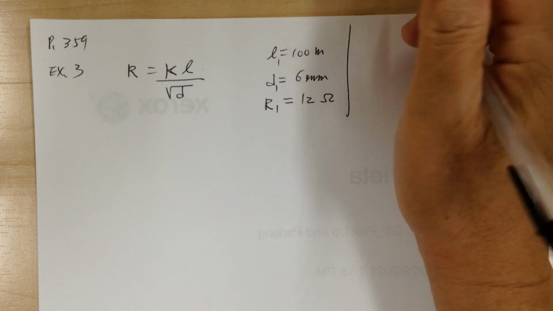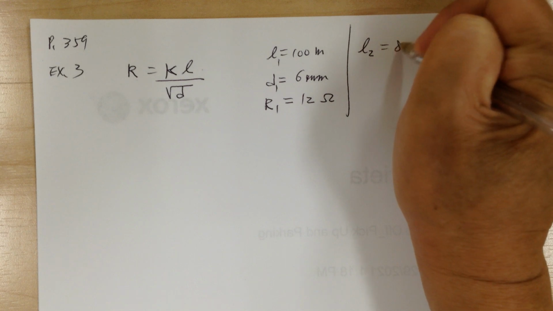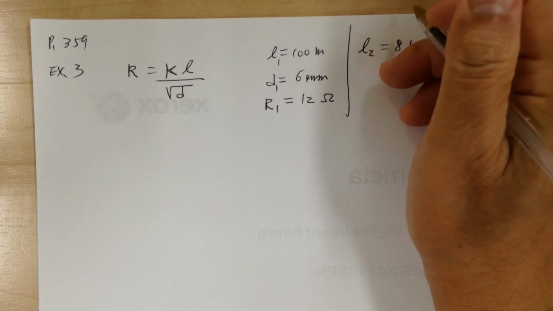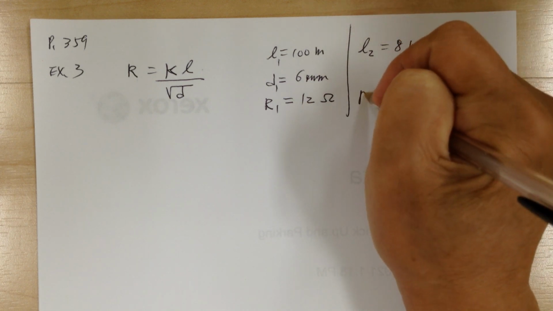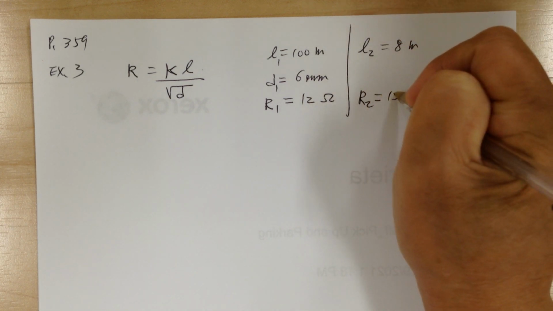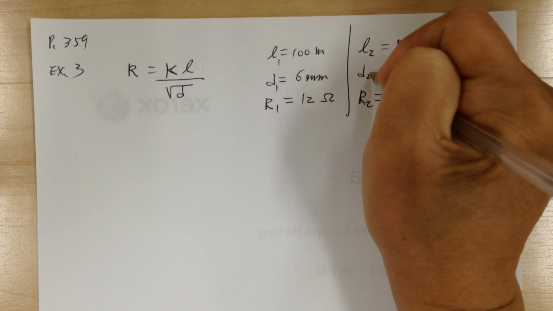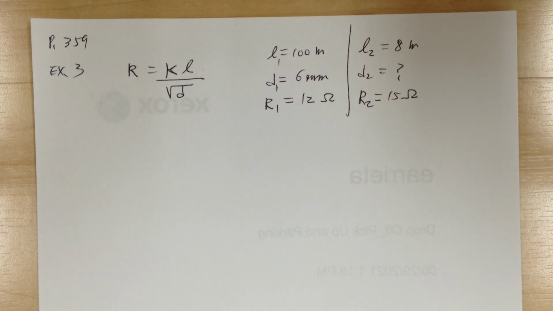It says 8 meters of a second wire of the same material has a resistance of 15 ohms. Find the diameter of the second wire. Okay, so that's the situation you have.